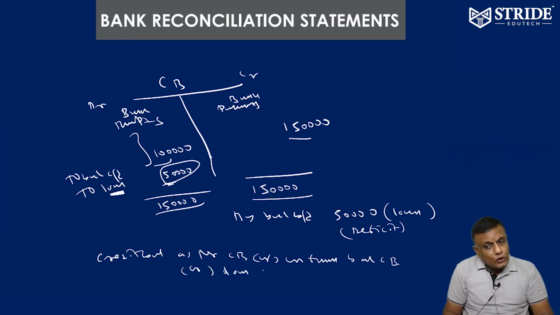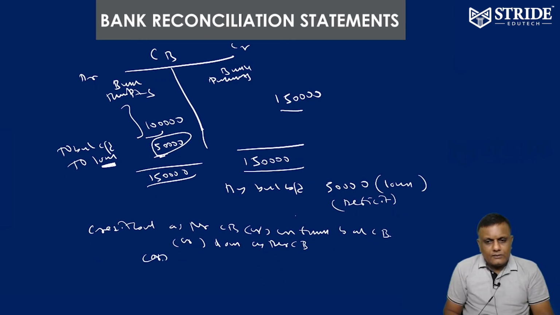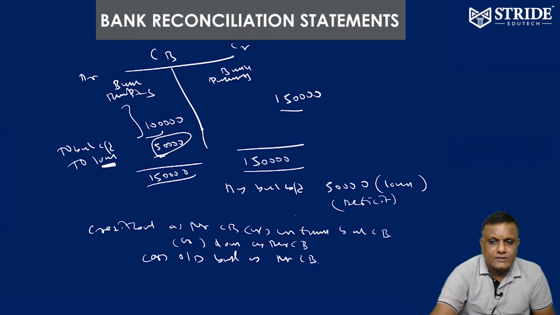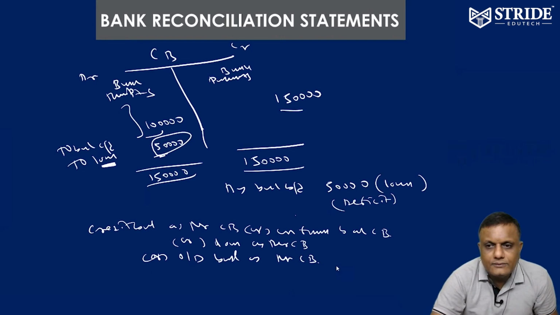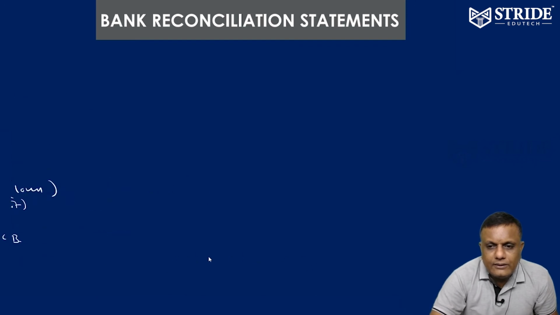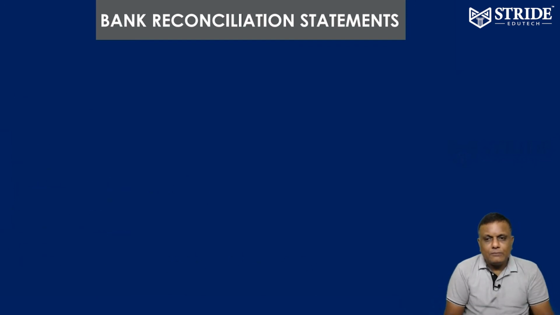For our understanding, loan, deficit, or borrowing as per cash book. You can call it by any name, which means we have more payment than receipt, which means we have a borrowing amount of 50,000. Or overdraft balance, OD balance as per cash book.